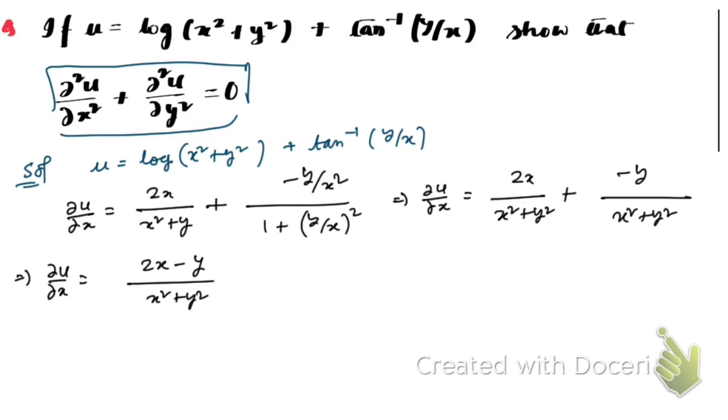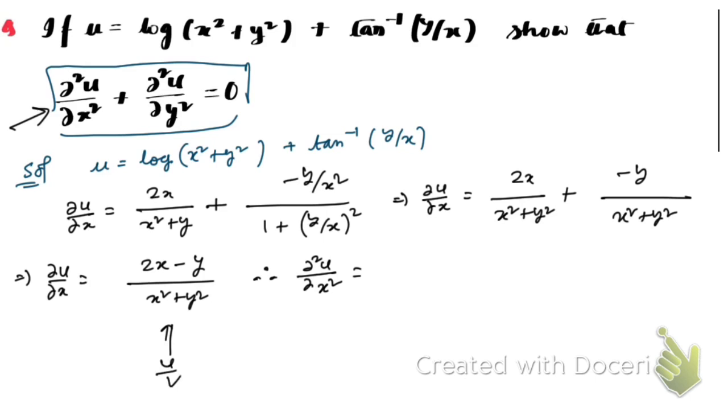Now in order to get the second order derivative, let us differentiate it again. So the second order derivative of u with respect to x, now consider this one as u by v.